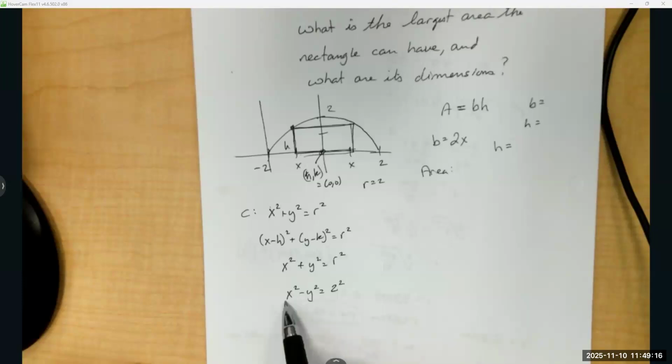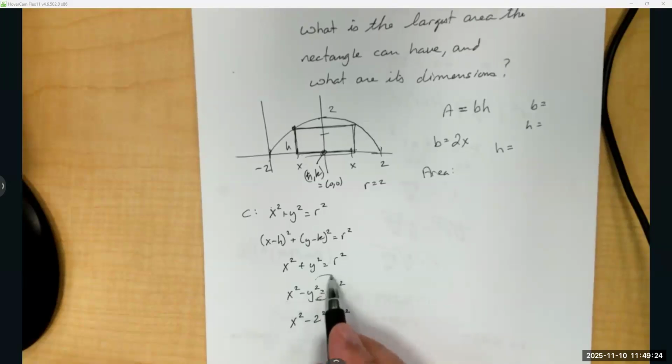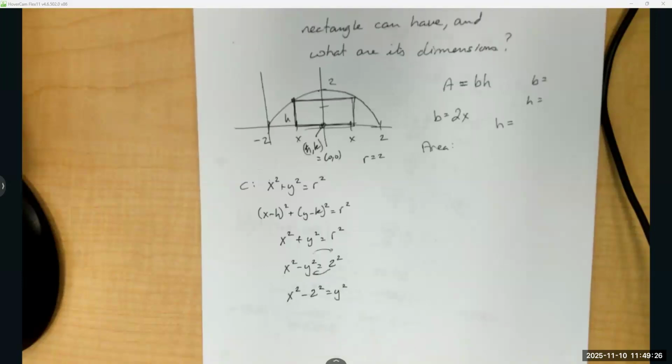We want to solve for y. So we have 2 squared minus x squared equals y squared. I move this one over and that one over there. I'm solving for y. Then I do what?